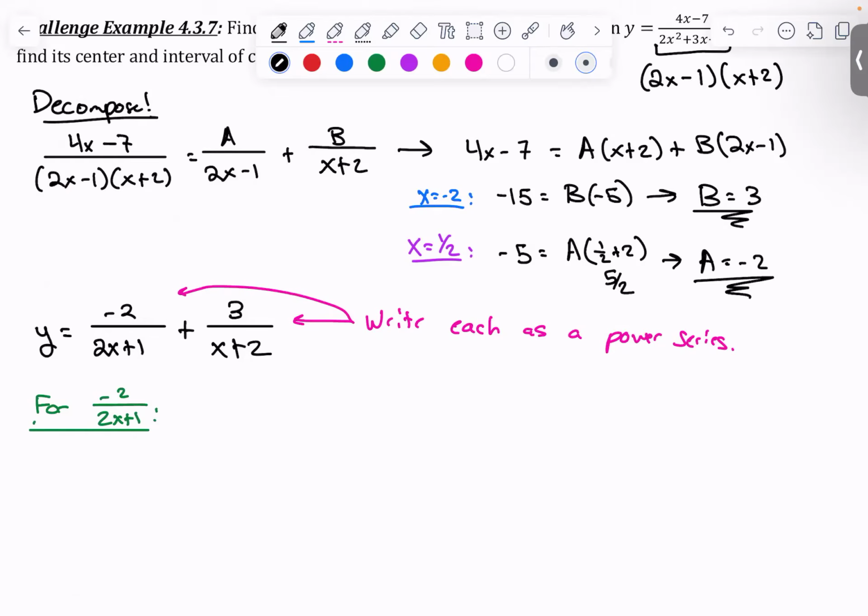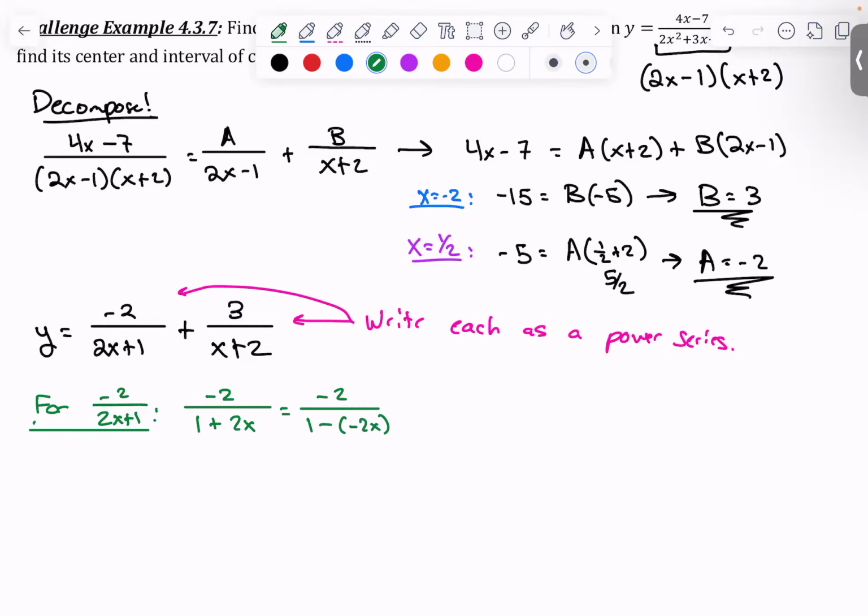I just need to rearrange it in such a way that it works out nicely. So this is going to be equal to -2 over 1 plus 2x, which I'm going to rewrite as -2 over 1 minus -2x.